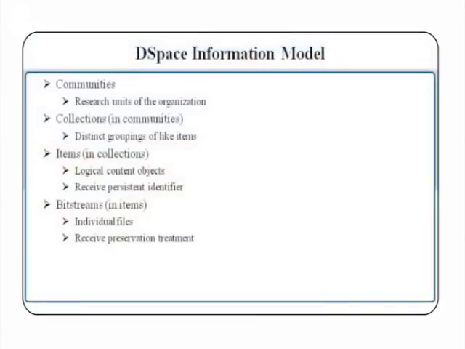The information model of DSpace is broadly divided into four components, that is, communities, collections, items, and bitstreams. Community reflects the unit of an organization. A collection in each community is a distinct grouping of items. Items are logical contained objects, whereas bitstreams are individual files.